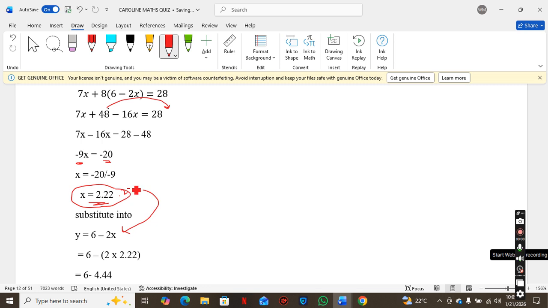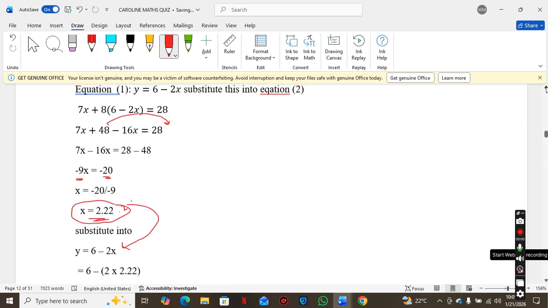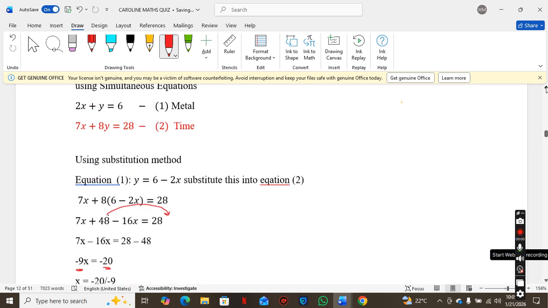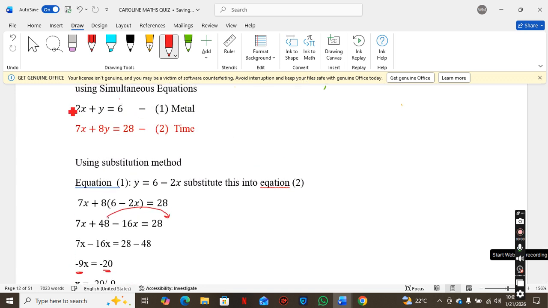Or if you want, you can still substitute it in the original form of equation 1. Where this x is, you put 2.22 and find the value of y. You will still get the same answer.